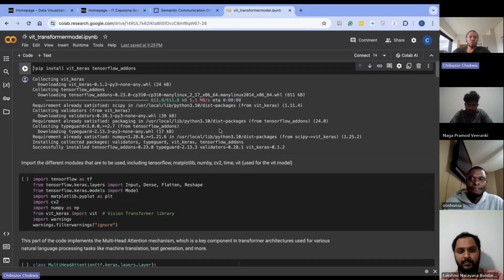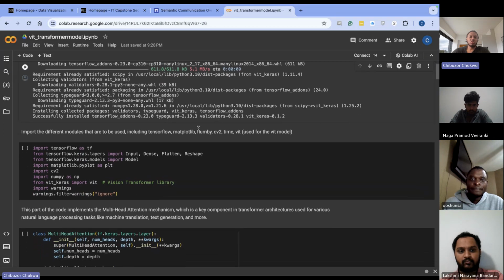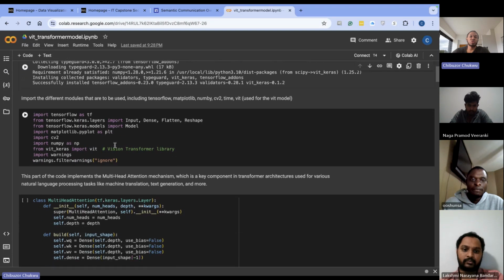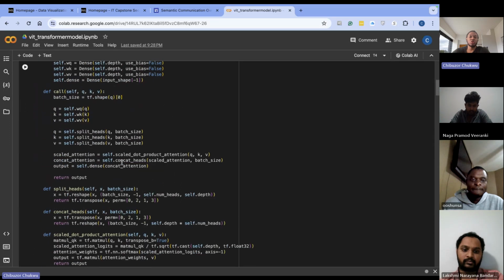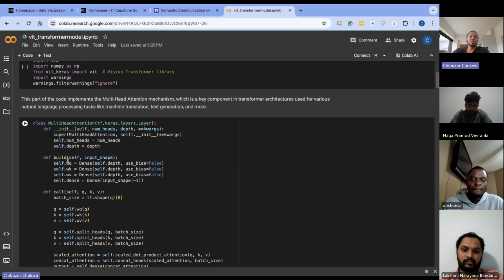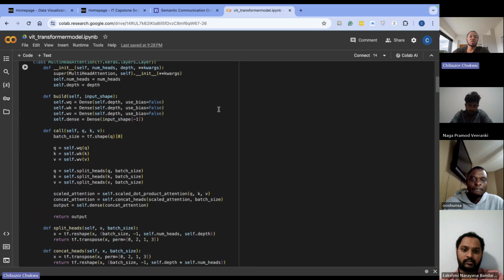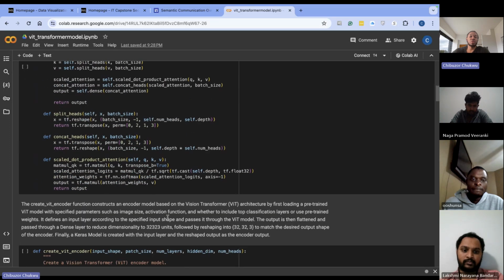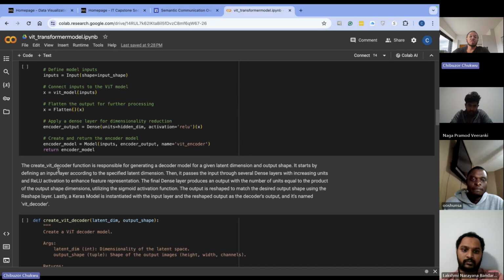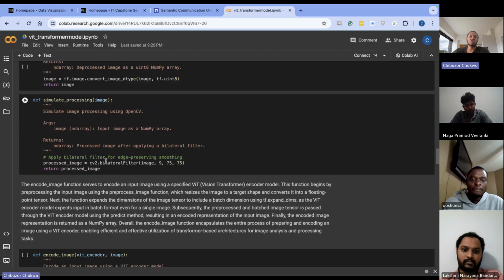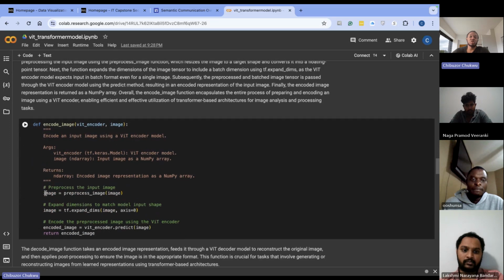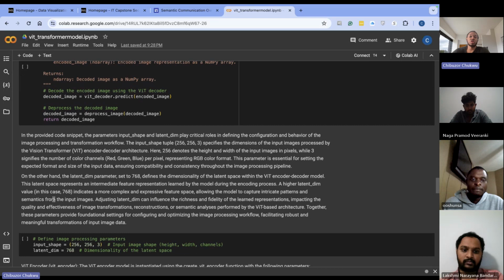So this is the code. If you see the code, it has all the different information on what the different modules and parts of the code are doing. We divided it: we have the multi-headed attention mechanism, the ViT encoder, the ViT decoder, preprocess images, deprocess images, the encode image function, and the decode function.